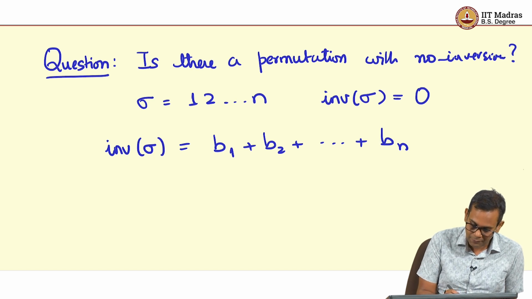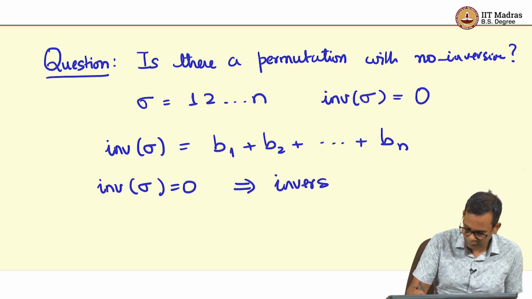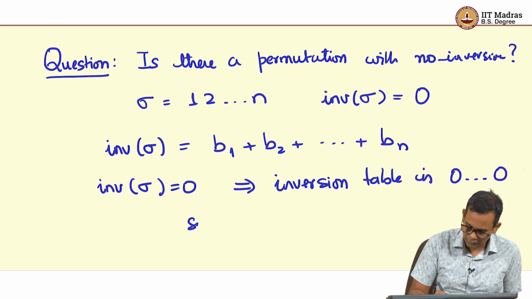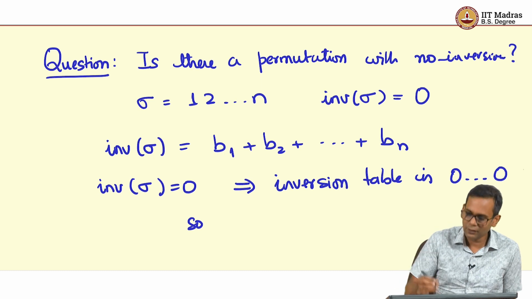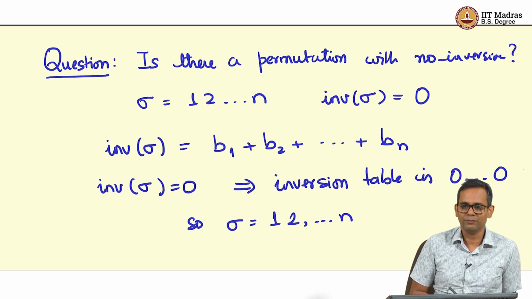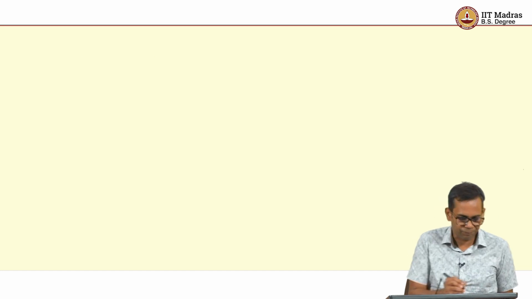So, if sigma has no inversions, then its inversion table should be all 0. When you run that algorithm, you will construct sigma equals 1, 2, ..., n. So, this is the only permutation with no inversions. Okay, that was easy. Let us make it slightly harder.